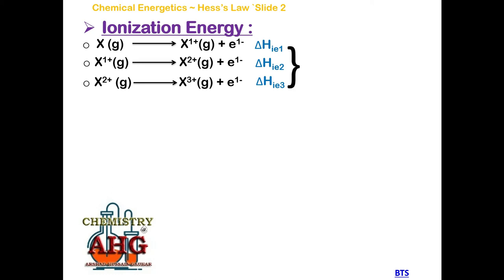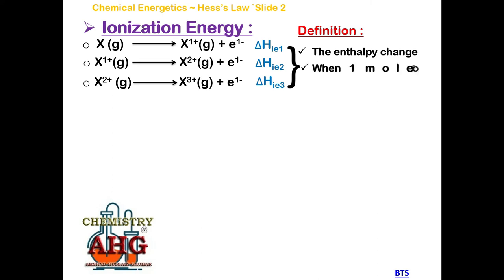You can learn a general format for how to write the definition for the first, second and third ionization energy. Whenever you want to define first, second and third ionization energy, the first step that you can mention in your definition is the enthalpy change when one mole of electron is removed.